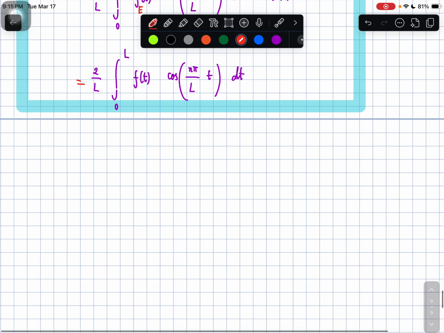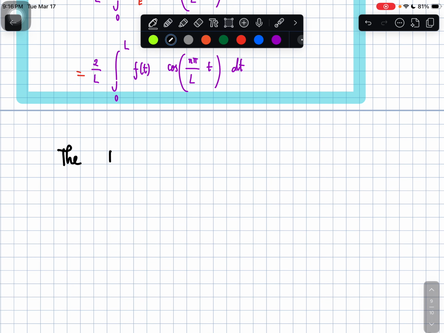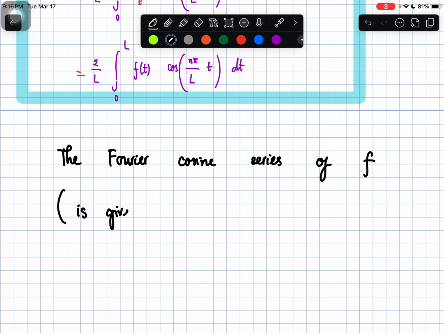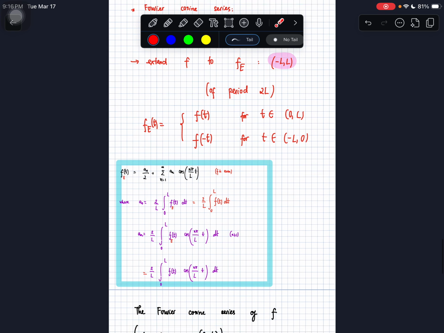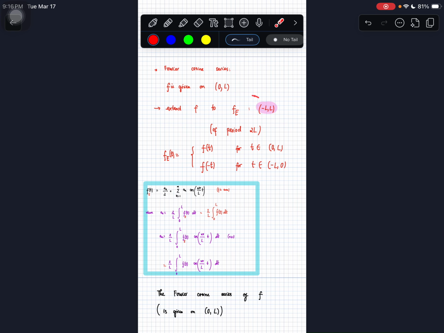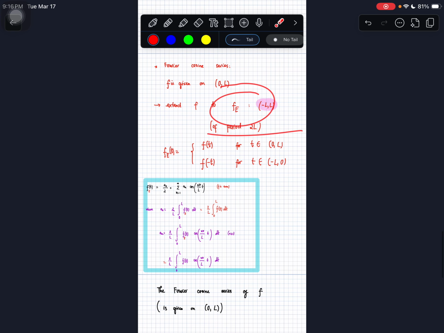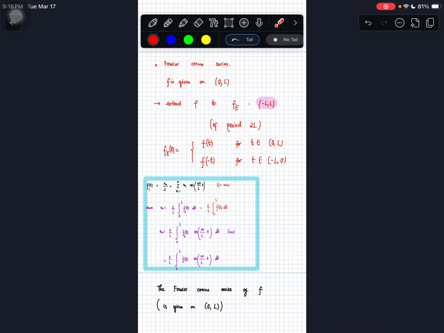Define that as the Fourier cosine series of f. f initially is given to us on the interval 0 to L, and we extend this to the full period minus L to L. And the extended function, f even, will be a periodic function. The full period is 2L.